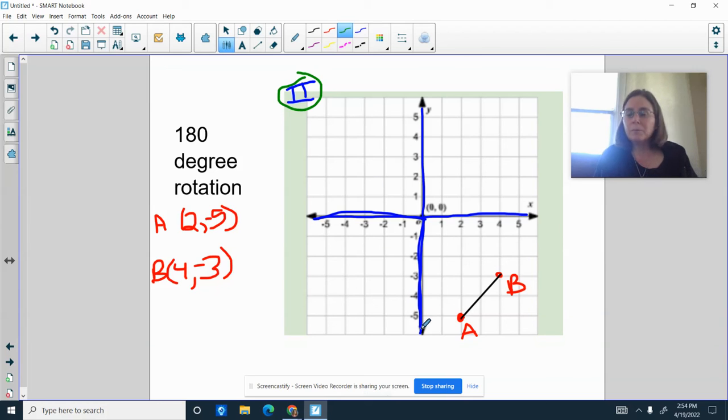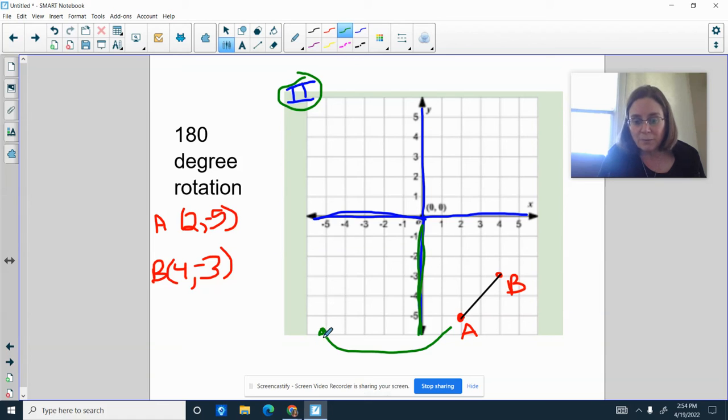Now, I told you a few minutes ago that every time we pass one of these axis lines, our numbers flip-flop. So if we look at A, which started as 2, negative 5, at 90 degrees my numbers would flip-flop to 5, 2.